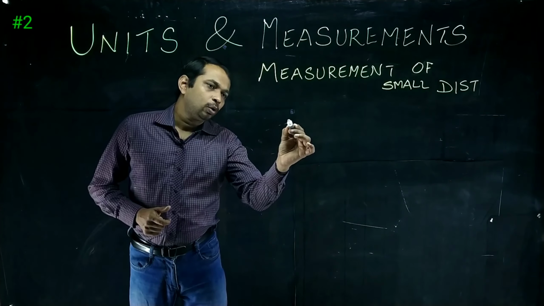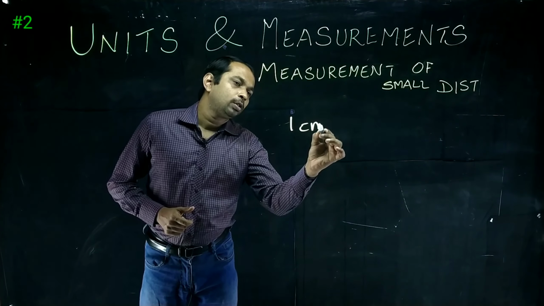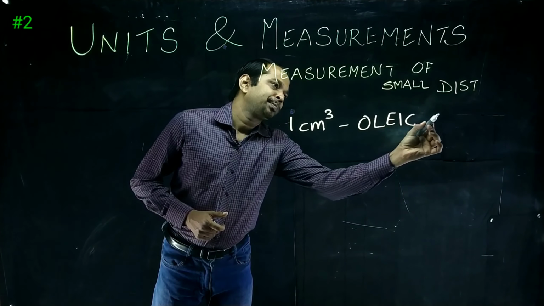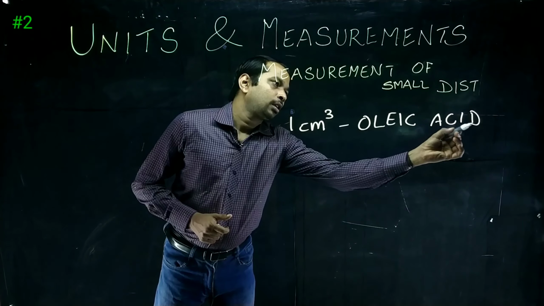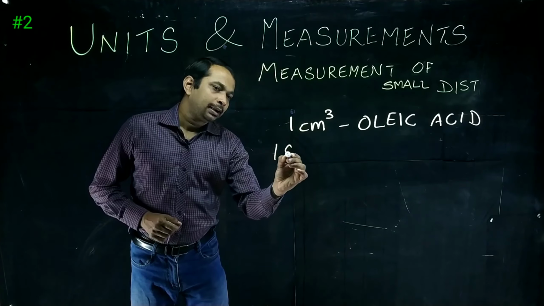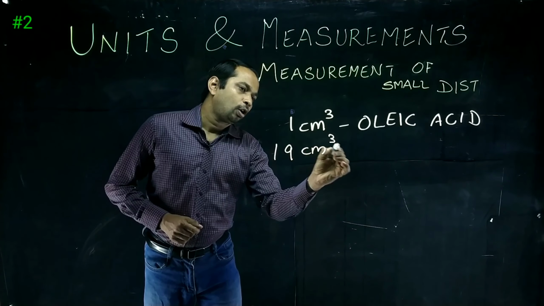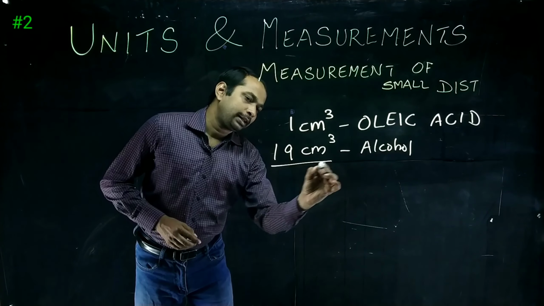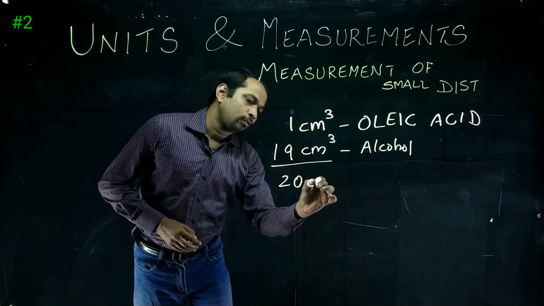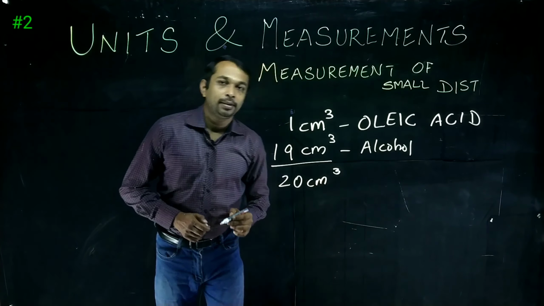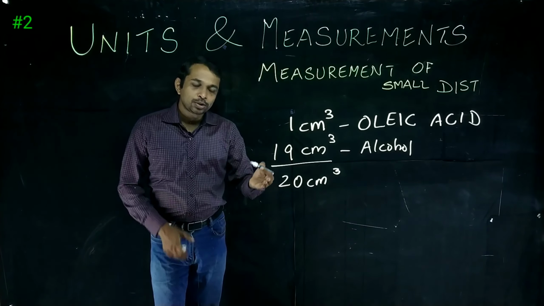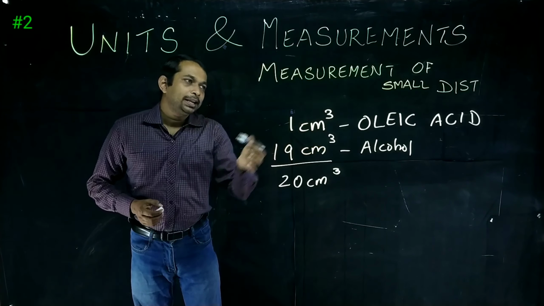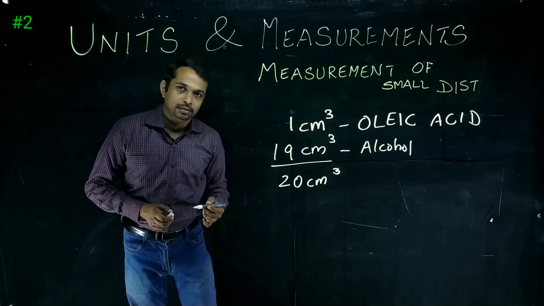We have to take 1 centimeter cube of this oleic acid. Now we have to mix 19 centimeter cube of alcohol in it, by which we will get a solution of 20 centimeter cube, right? So in a solution of 20 centimeter cube, we have 1 centimeter cube of oleic acid.